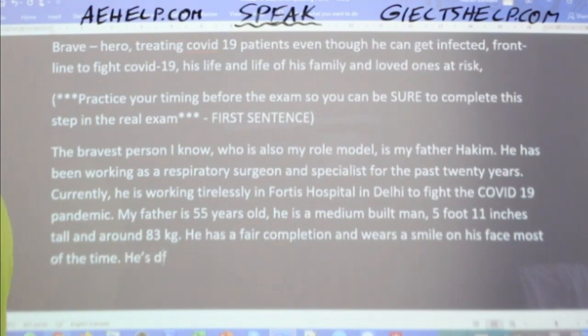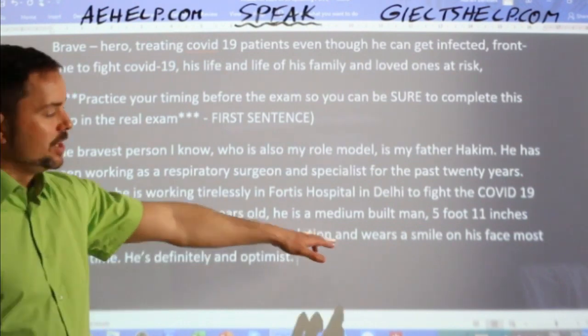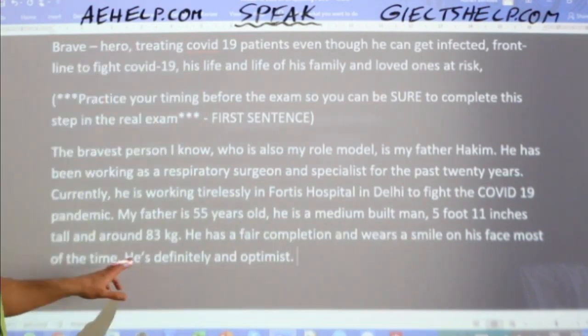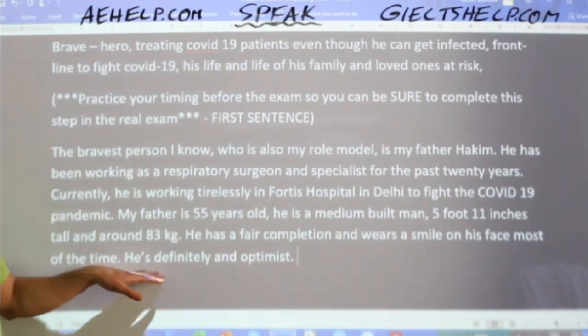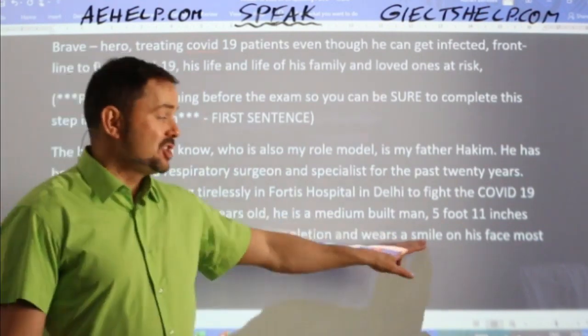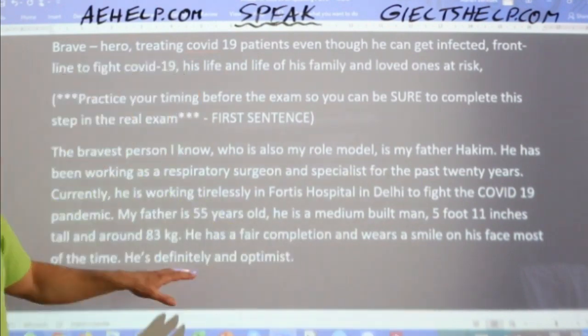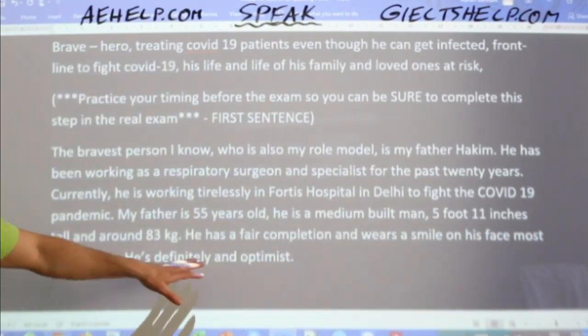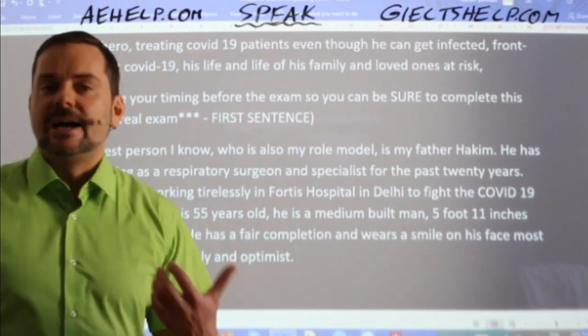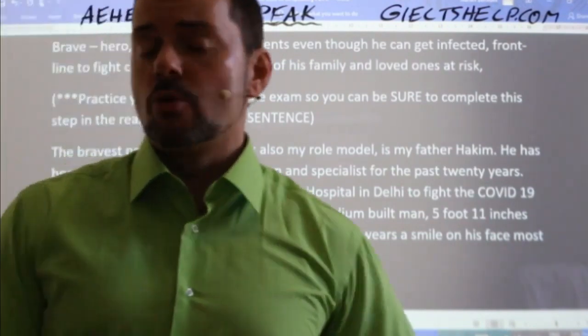He's definitely an optimist. Okay, so notice what I did here. I actually did an action and then backed up by personality. So here I'm combining action and appearance, then followed by personality. And you can do that to make your speaking more spicy.